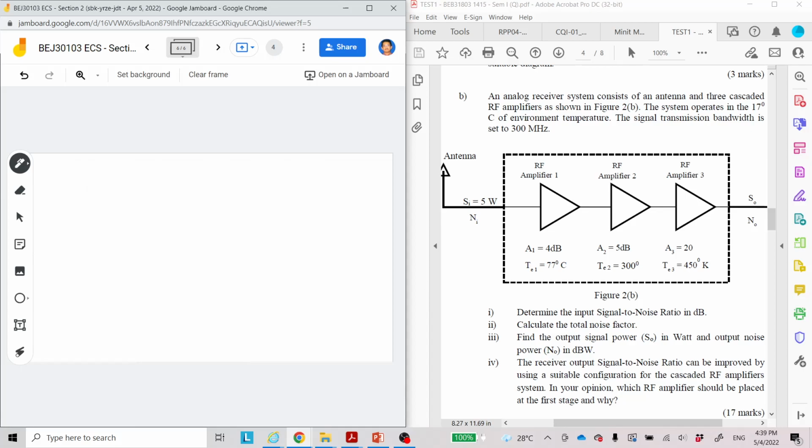So we already know the F total from the previous. We already found F total is equal to 2.808.